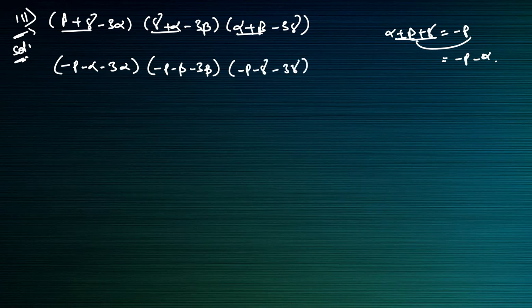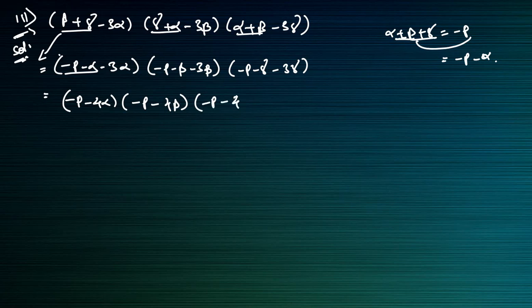So this equals minus p minus 4 alpha into minus p minus 4 beta into minus p minus 4 gamma.